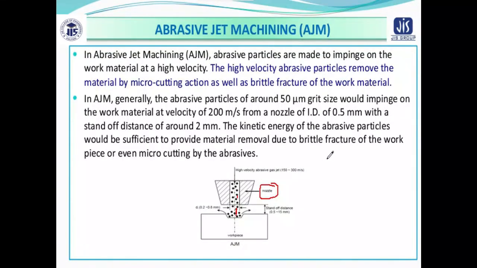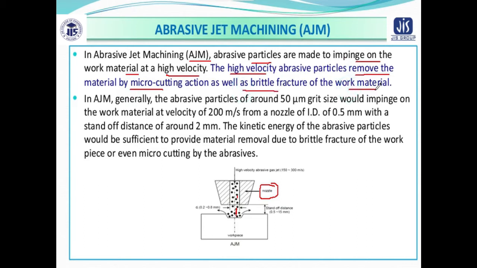So abrasive jet machining, that is AJM, is a process in which abrasive particles are made to impinge on the work material with a high velocity. The high velocity abrasive particles themselves remove the material by micro cutting action as well as brittle fracture of the work material.